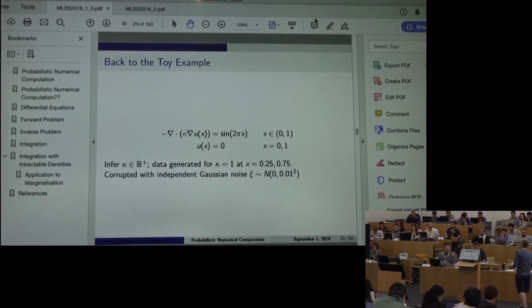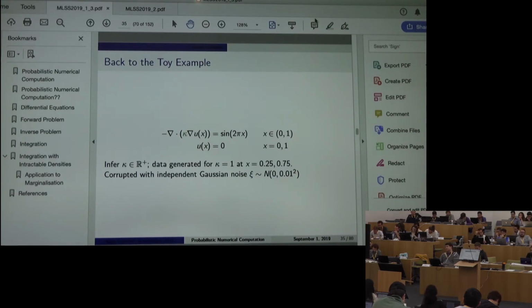If we go back to our little toy example, just to illustrate the point. Again, we're in the setting where our domain is just the unit line, 1D, and the boundary conditions are such that u at both 0 and 1, the extreme points of the unit line, are 0.